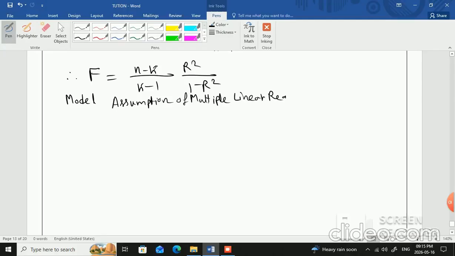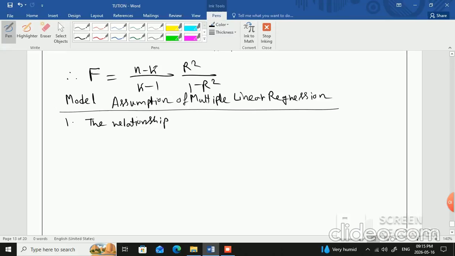Model assumptions for multiple linear regression. Number 1, the relationship between the study variable and explanatory variables is linear.